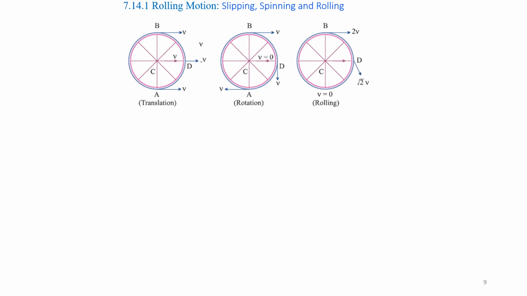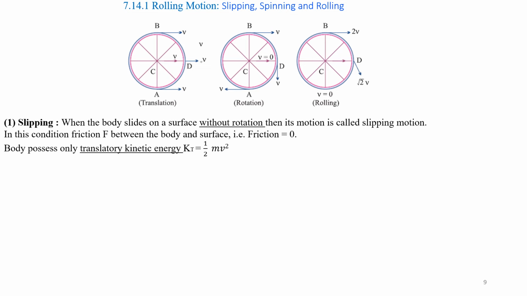In section 7.14, we will discuss rolling motion. Before we discuss rolling motion in detail, we will just recapitulate what is slipping, spinning and rolling, which we have studied in section 7.1 of our video, whose link is also given in the description part.